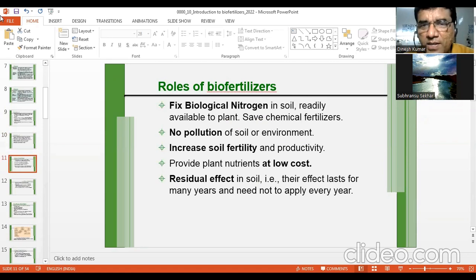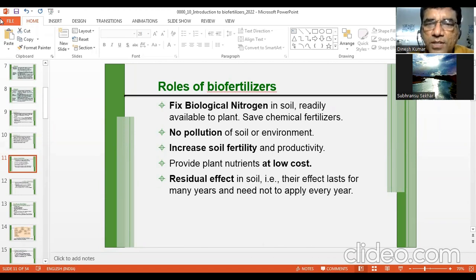Now, the role of biofertilizer, how they are important. Number one, they fix biological nitrogen in soil, which is readily available to the plant. Whatever nitrogen is fixed by rhizobium or any biological agent can be immediately used by the plant. Or the nitrogen fixed by free living bacteria is also readily available to the plants.